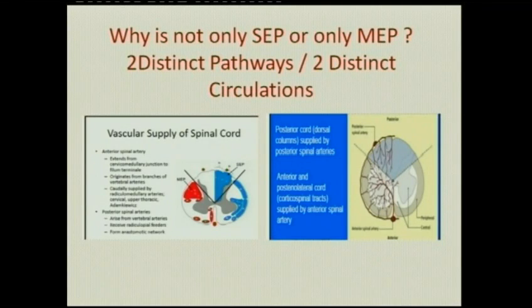The SEP is looking at the dorsal column, which is supplied by the posterior spinal artery, and the anterolateral column is supplied by the anterior spinal artery, all coming from branches of the vertebral arteries. So there are two different circulations. That is why you have to look after two modalities of test, both SEP and MEPs.